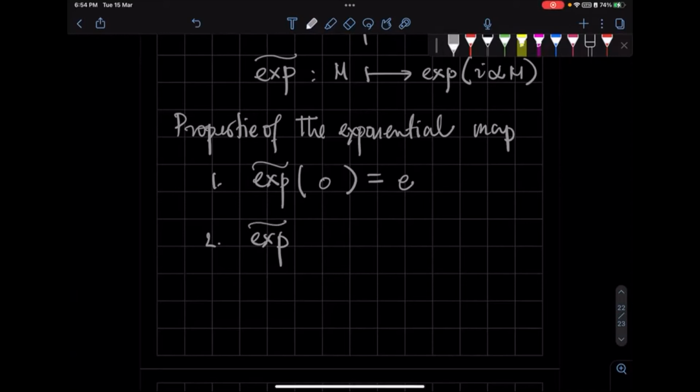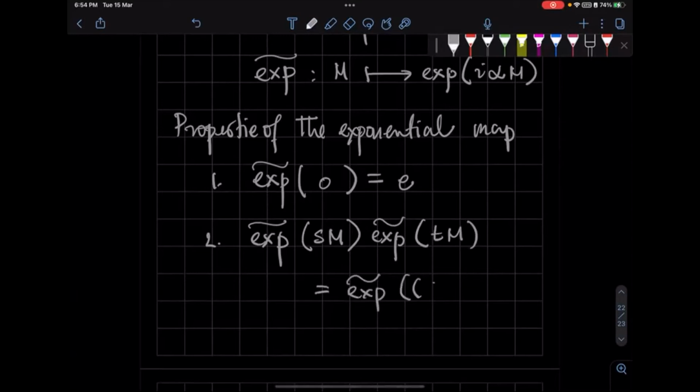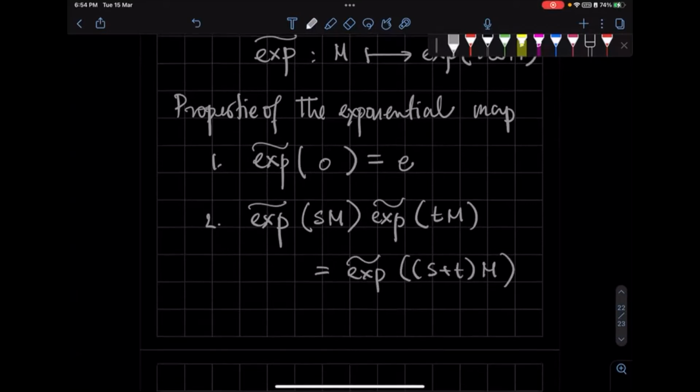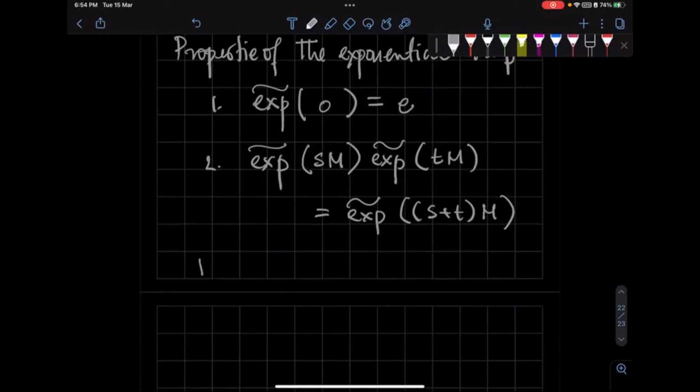The other property of the exponential map is that if I take some generator M and multiply it by some parameter S, the product of two exponential maps with the same generator gives me this.